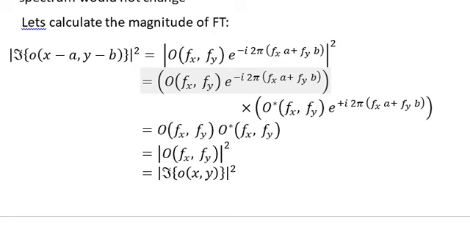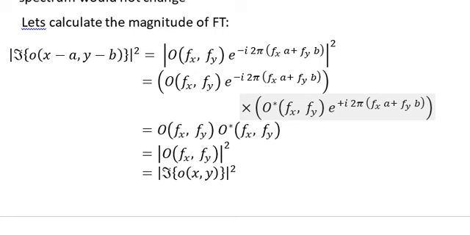So in the first parenthesis, the object is the same as in the absolute square term, that is O at fx, fy multiplied by e to the power minus iota 2 pi (fx into a plus fy into b), whereas in the second parenthesis we have the complex conjugate of capital O, at fx, fy, multiplied by the complex conjugate of the phase parameter, which is e to the power plus iota 2 pi (fx into a plus fy into b).